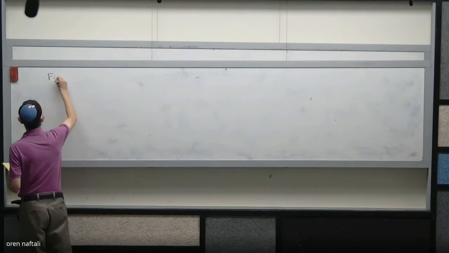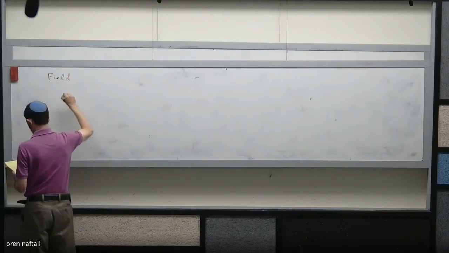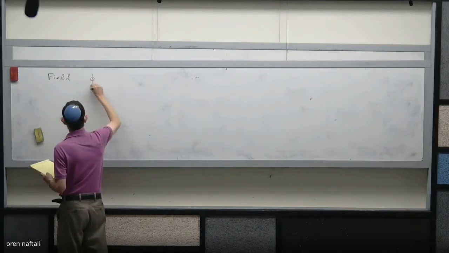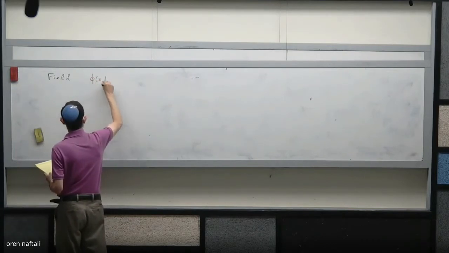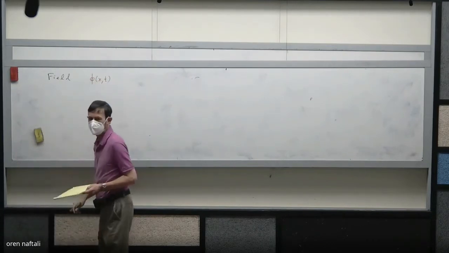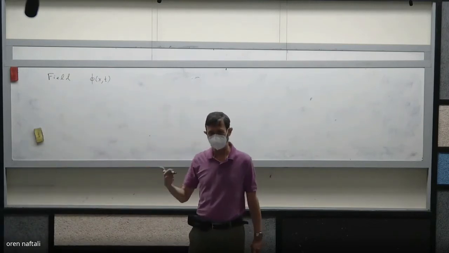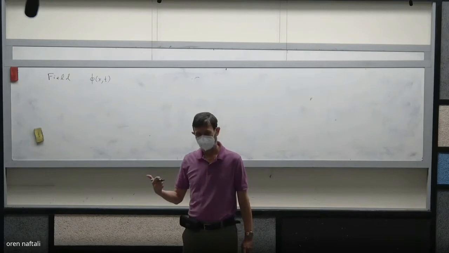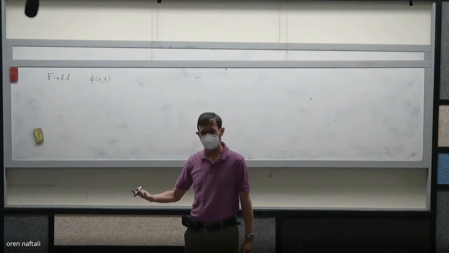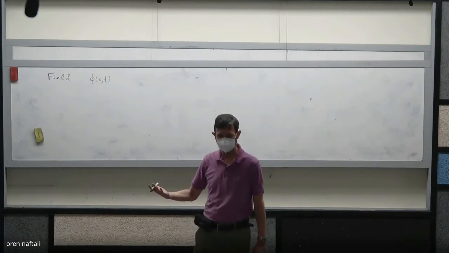So instead of one number that depended on t, I have now a whole series of functions that depend on t.